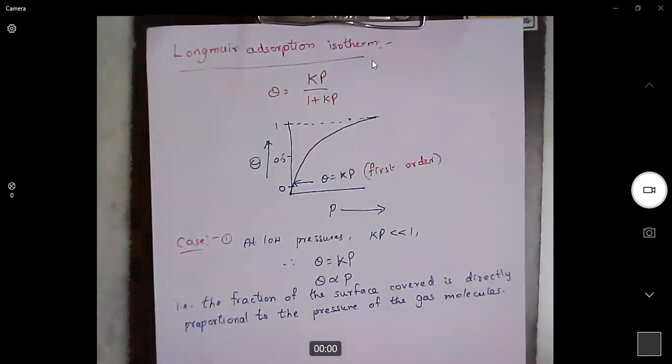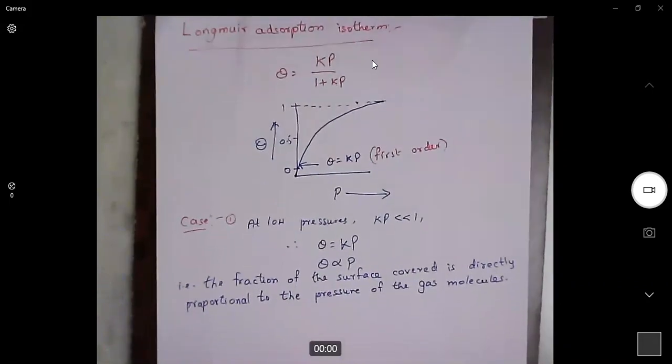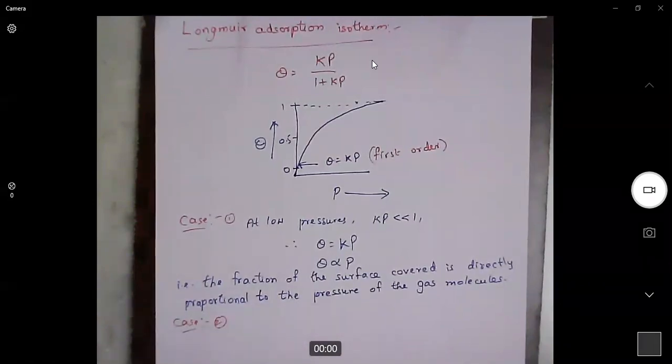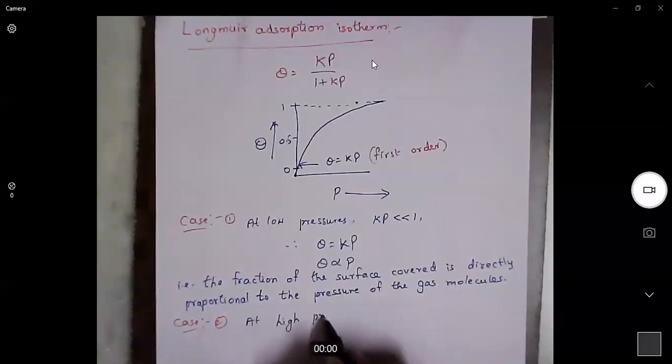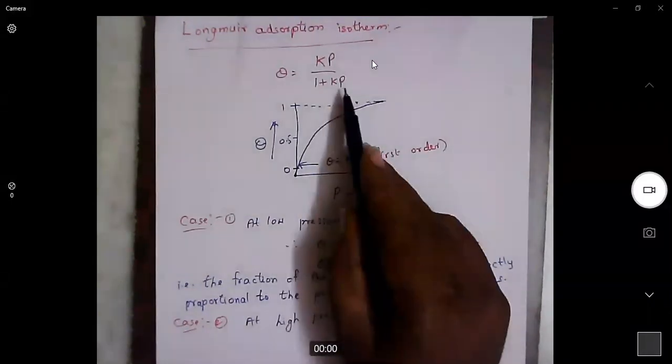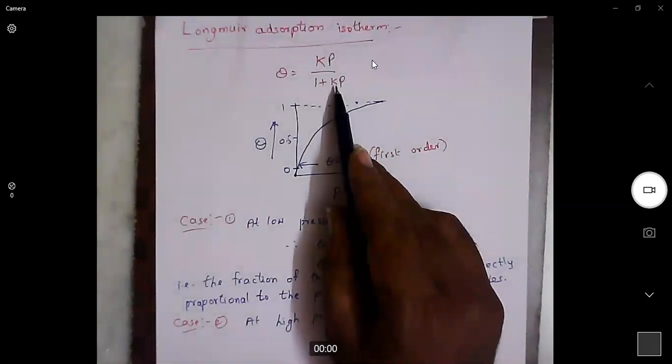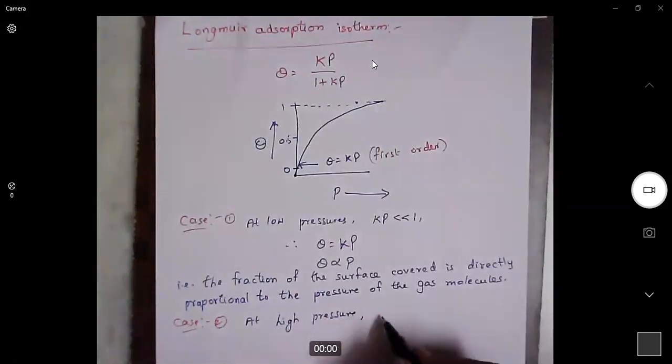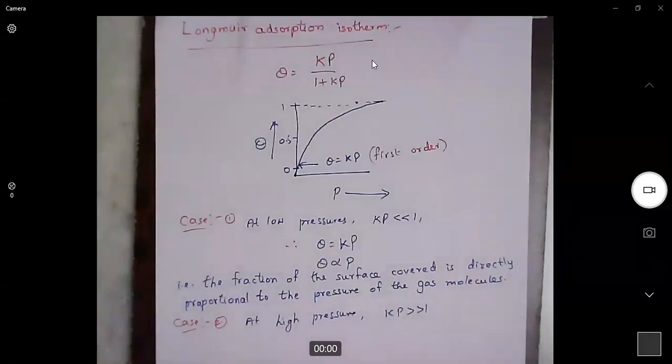Now we can also have another case. Case 2. What is case 2? At high pressures. That means pressure is very, very high. That means Kp is very, very high compared to 1.